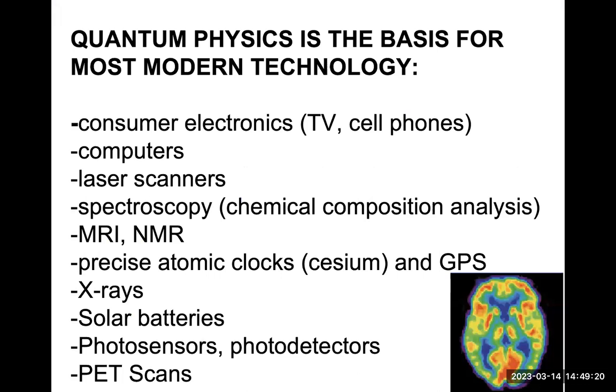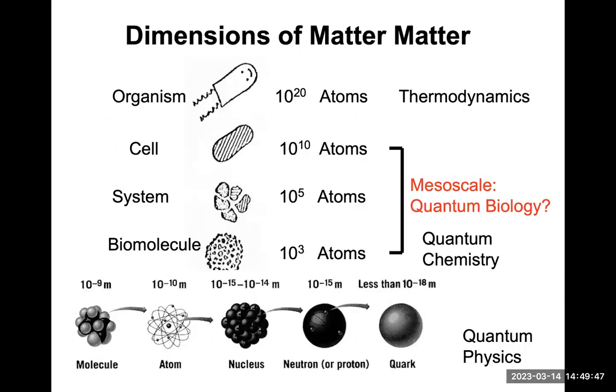And this is a list of technological achievements that were afforded by quantum physics: consumer electronics, computers, laser scanners, spectroscopy, MRI, NMR, atomic clocks, GPS, X-rays, solar batteries based on photoelectric principles, of course, photosensors, photodetectors, PET scans.